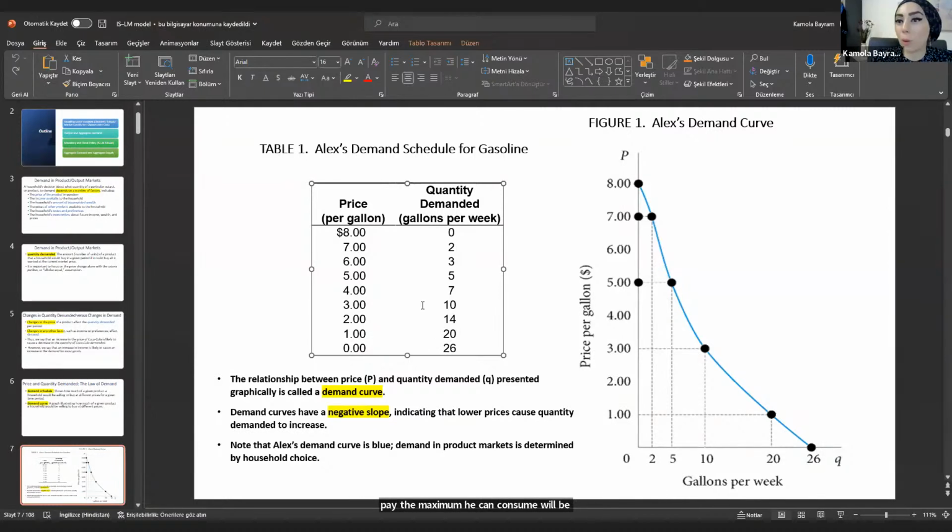It means even if he uses his car non-stop 24/7, he can consume a maximum of 26 gallons. That's it. And all the marketing strategy and all the models will start here, because yes, we have unlimited wants, but these wants tend to be saturated. Again, I am highlighting: in a given time period.